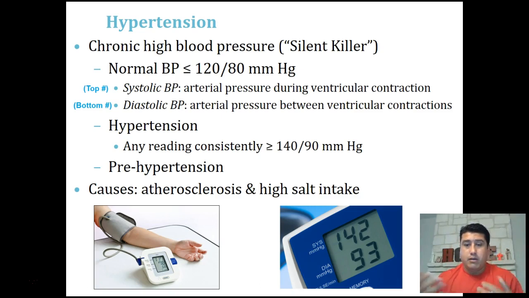If you're feeling for your pulse, that pulse is the blood being pushed into the circulation whenever the left ventricle contracts. Between ventricular contractions, you don't feel the pulse, but there's still a pressure. That pressure is known as diastolic blood pressure. So the top number is the pressure that you feel at the moment that you feel the pulse, and then the diastolic pressure.